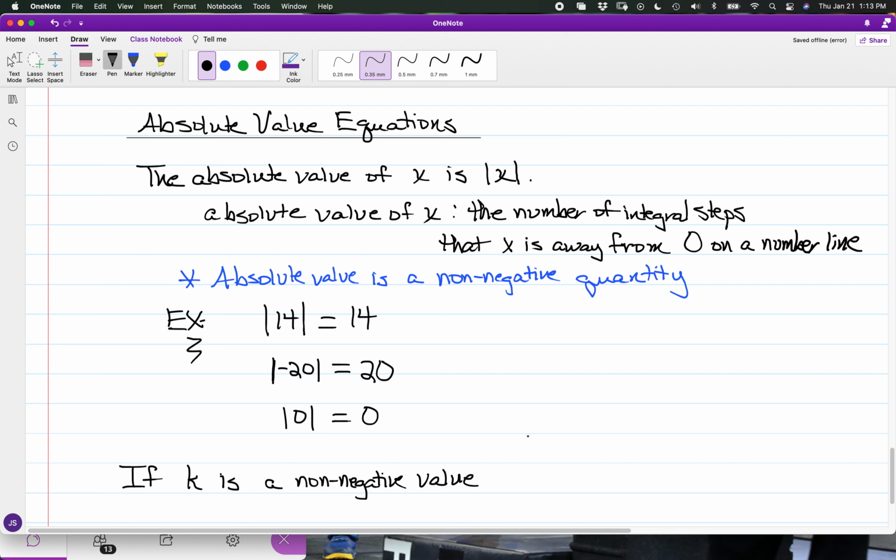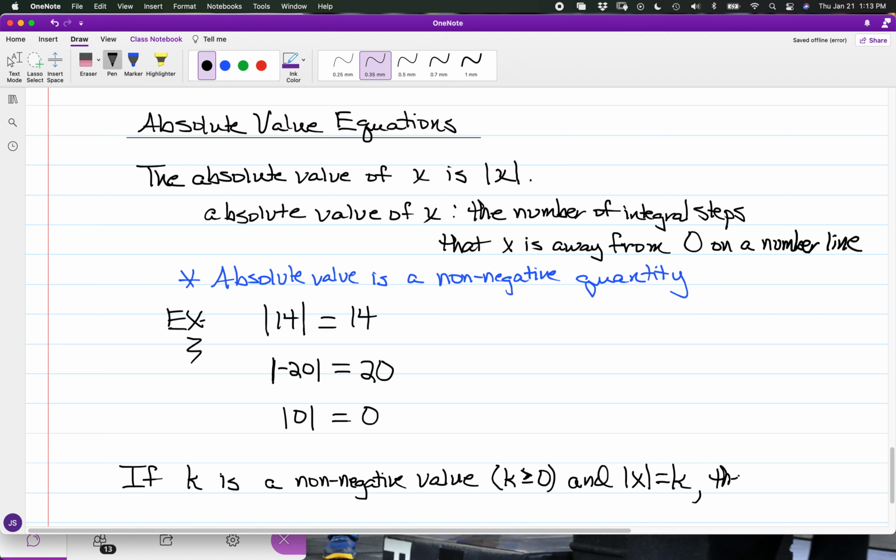What I mean by non-negative is that k is greater than or equal to 0. And we have that the absolute value of x is equal to k. So k is not negative. It could be 0, it could be 5, it could be a fraction like 7/3.